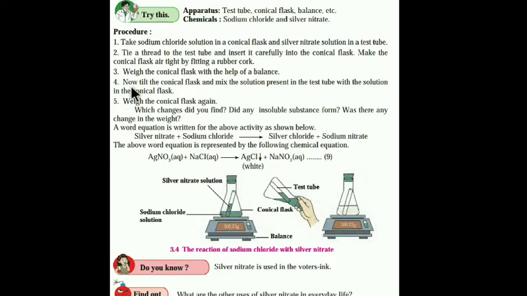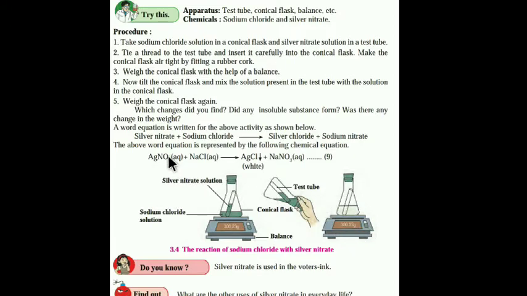Now tilt the conical flask and mix the solution present in the test tube with the solution in the conical flask. So let us see here, we mix these two solutions. Weigh the conical flask, there is a reaction, and again you weigh the conical flask.